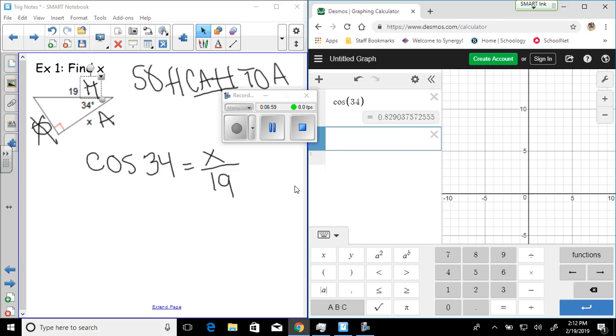Okay, so then we come back to our problem. We know that the cosine of 34 is 0.83, and that is equal to x over 19. So now this is just an equation we need to solve.